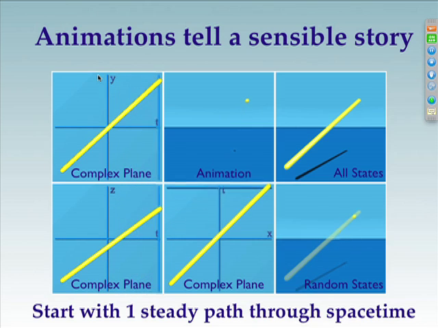So you can see that the first complex plane is t versus y, so you can see it goes up. This one in the corner is time versus z, so this is going backwards into the screen. The third complex plane is t versus x, so it's going from the left to the right.